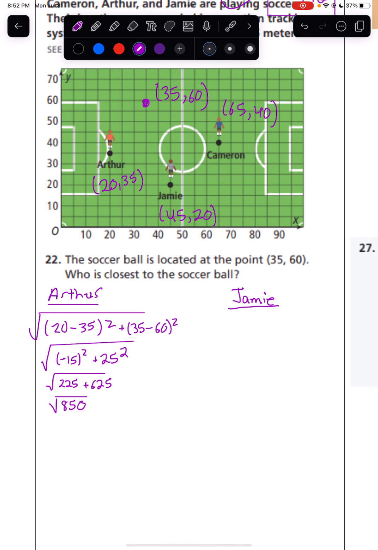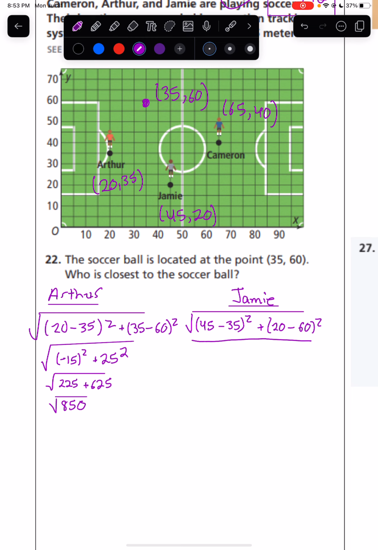This is definitely a formula you should have memorized. So Jamie's got the same thing going on. I'm going to use the distance formula. x2 minus x1 squared. It's going to be 45 minus 35 squared plus y2 minus y1, so that's going to be 20 minus 60 squared.